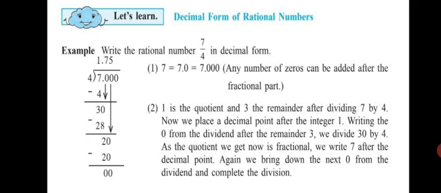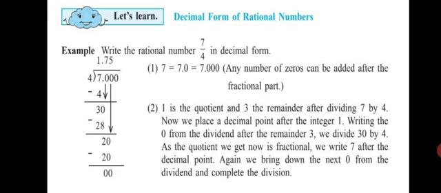Okay, so now you have got 30. 4 sevens are 28. 2 is the remainder. Another 0 comes down. Okay, 4 fives are 20 and now the remainder is 0. So what we have done here is carried out the normal division.